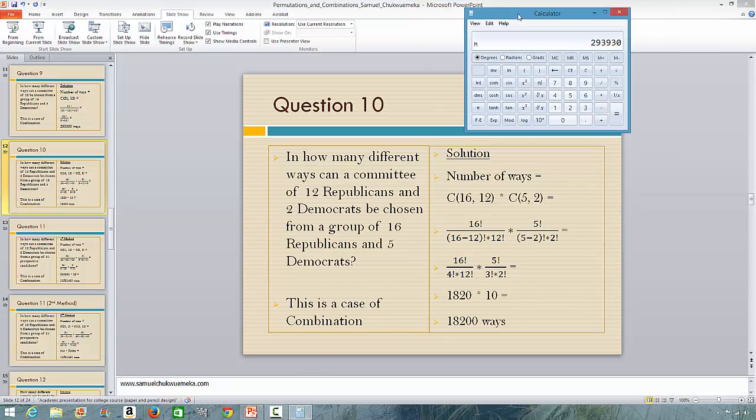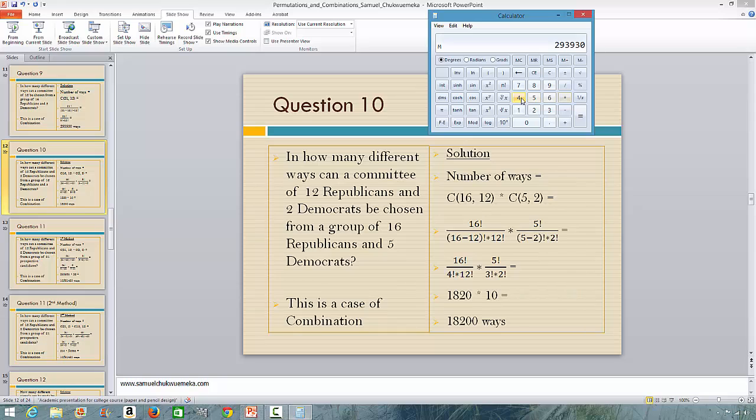If we do this with our calculator, we do 4 factorial times 12 factorial equal to this. Cancel memory, put it in as new memory. Then we do 16 factorial divided by memory recall, and that is 1820.